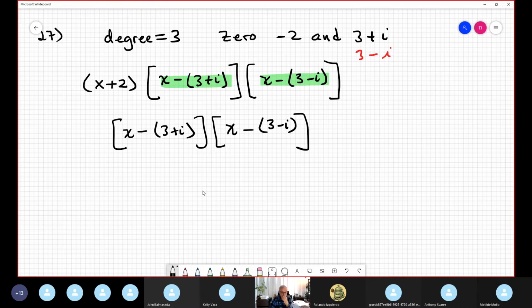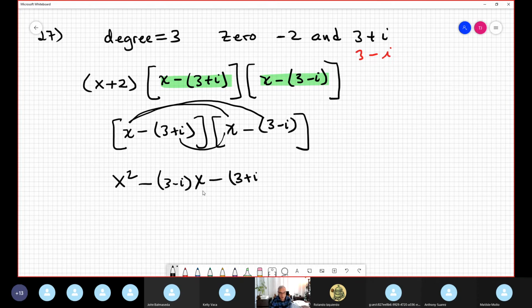And you FOIL. This is x squared. This is minus (3 minus i)x. This and this is minus again (3 plus i)x. And this is plus, because negative and negative is positive, (3 plus i) times (3 minus i).